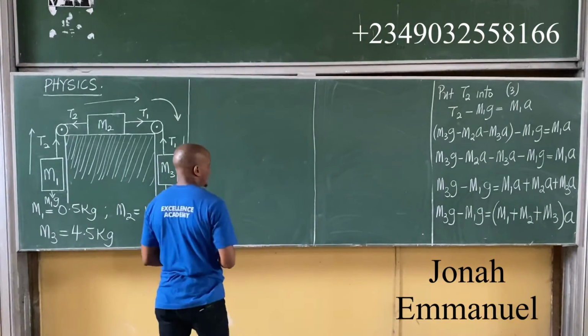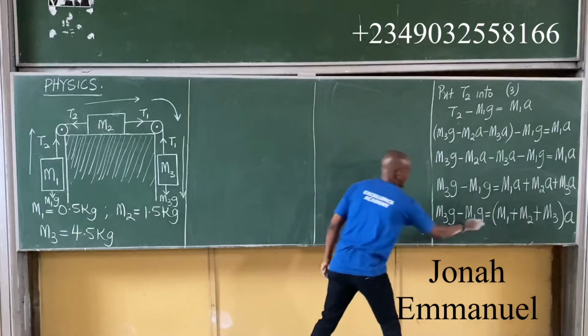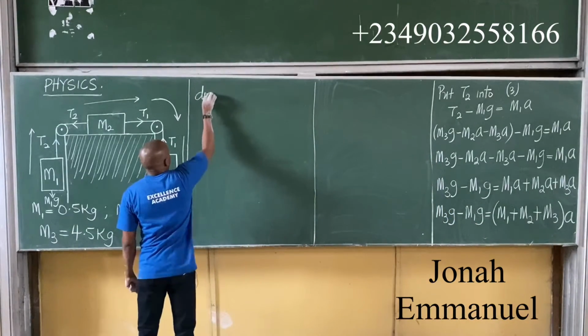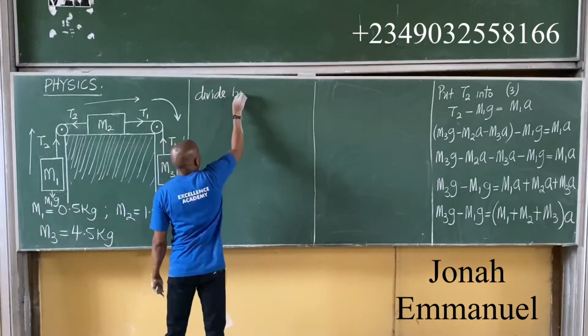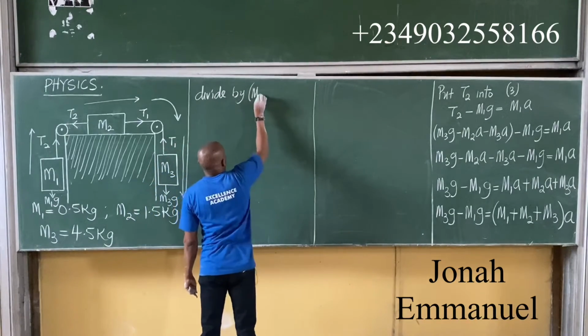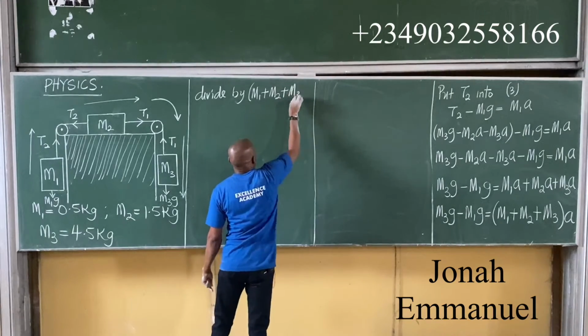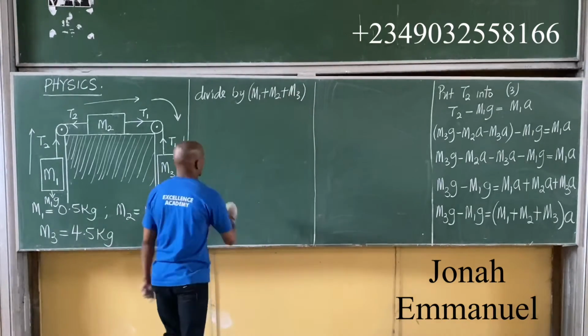Alright, so what do we do now? I'll now divide by this. So divide by M1 plus M2 plus M3.